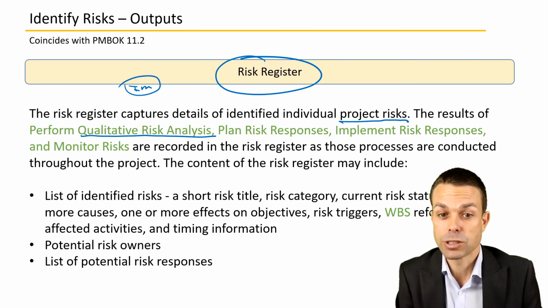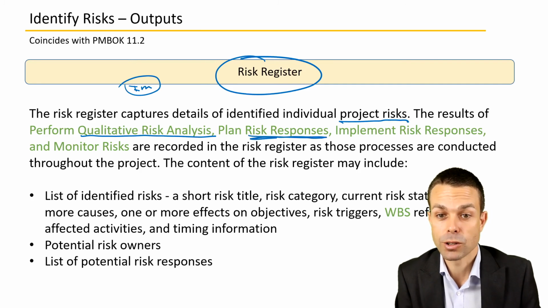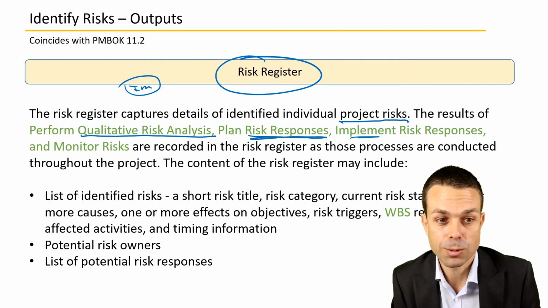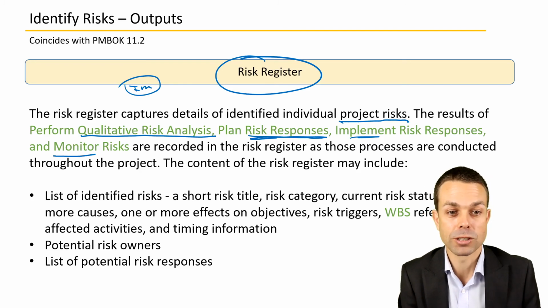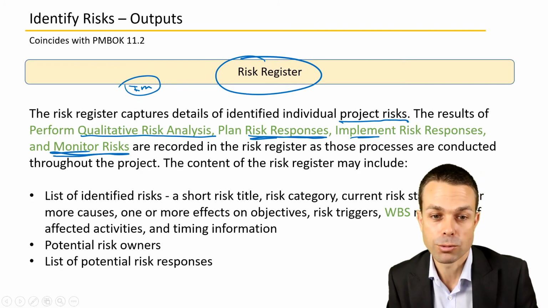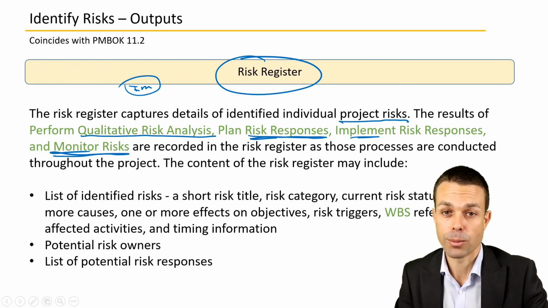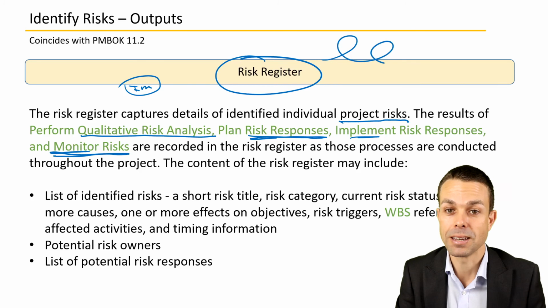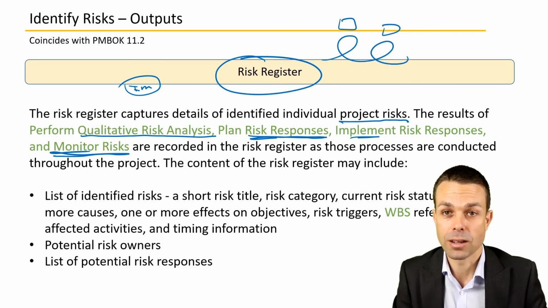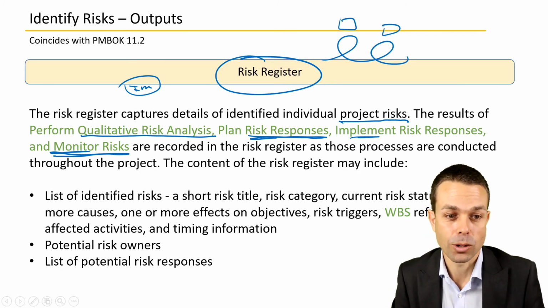Then planning the risk responses, so planning our response to those risks, implementing those risk responses, and then monitoring those risks over time. All of those are recorded in the risk register as those processes are conducted throughout the project. Again, making it an iterative process that we're sort of adding to as the project goes along.